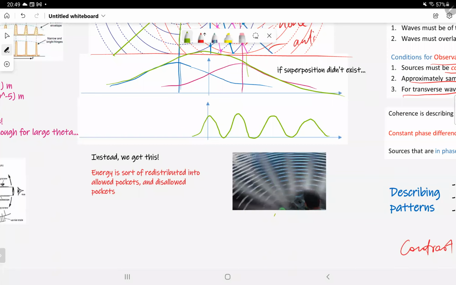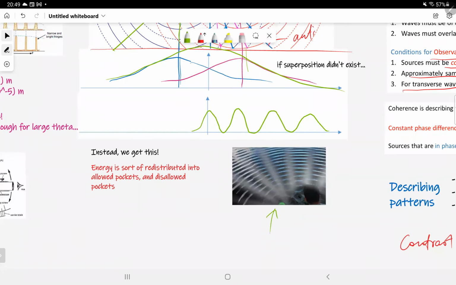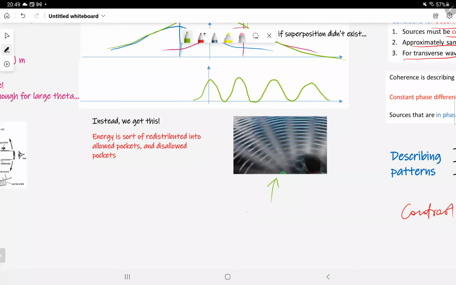And this diagram is the ripple tank one. But I urge you to go and watch this. This comes from Veritasium. You can watch it and search for double slit experiment. It's pretty interesting. You can see these are the waves on the water surface, and there are no longer two sets of concentric circles.